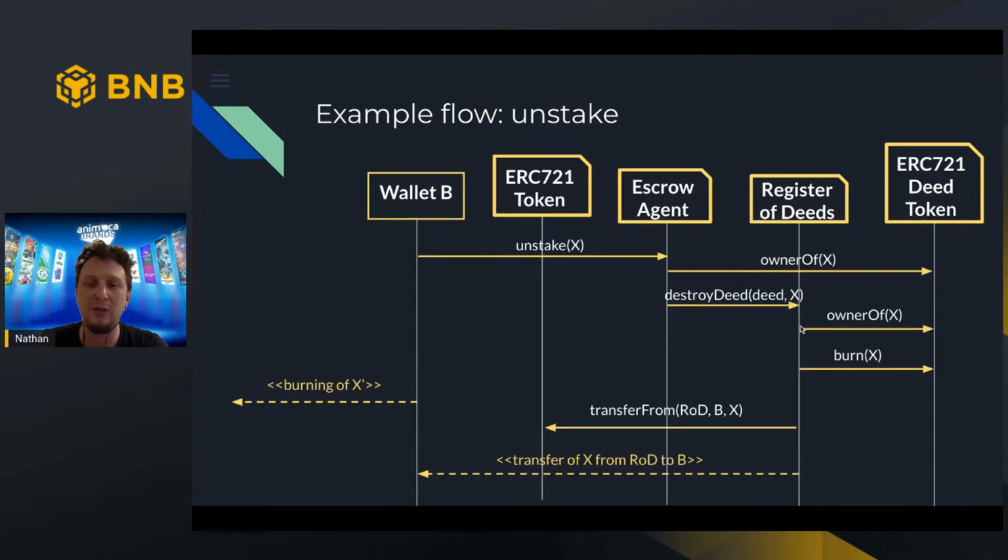The register of deeds will check again who is the owner of X prime, then burn X prime, and finally transfer the token which it had escrowed to the owner, which was B. So it transfers the token X from the register of deeds to B right after the burning of X prime happened. And so finally, the register of deeds gives back the token ownership.